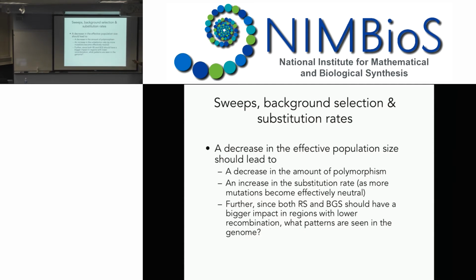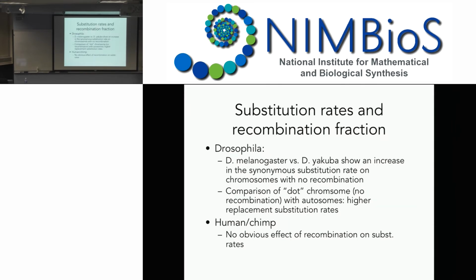Since both recurrent selection and background selection have bigger impacts in regions of lower recombination, what patterns are actually seen in the genome? So let's look at Drosophila melanogaster versus yakuba. What we see is an increase in the synonymous substitution rates on the 4th chromosome, the dot chromosome, with no recombination. If you compare these chromosomes with no recombination with the autosomes, you see they have higher replacement rates.